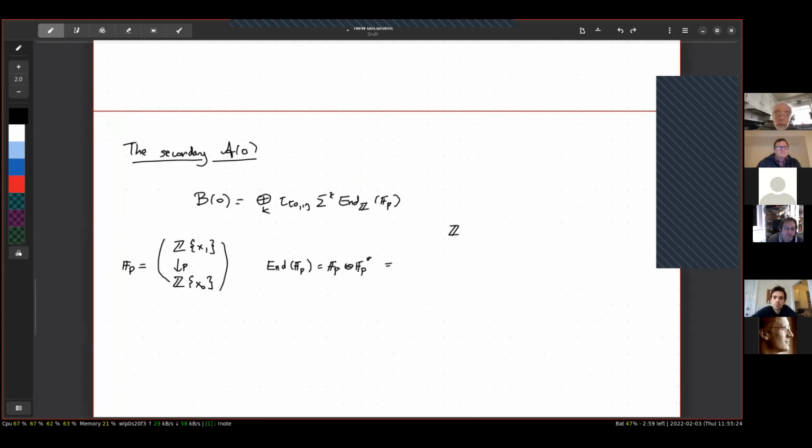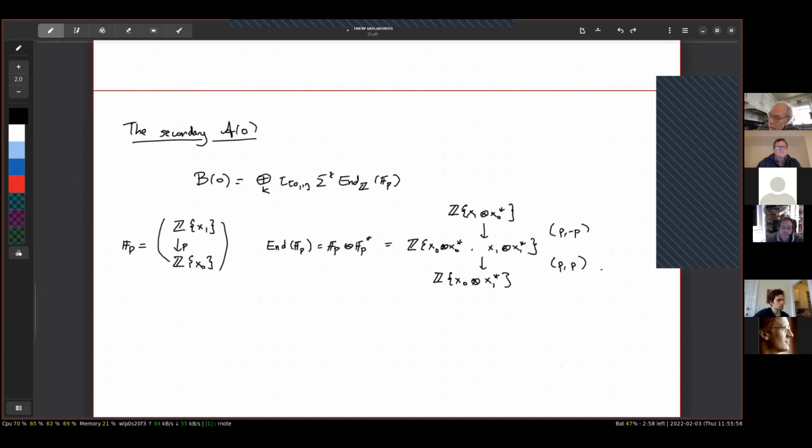In degree 1, we have x1 tensor x0 dual. In degree 0, we have x0 tensor x0 dual and x1 tensor x1 dual. And finally, in degree -1, we have x0 tensor x1 dual. And these differentials, you can check, are p, minus p, and p comma p.